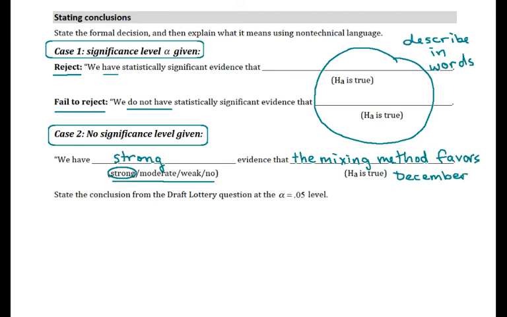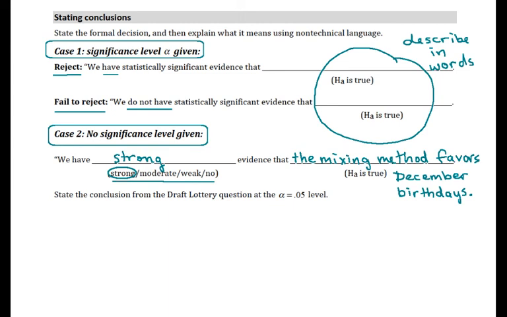When we write this using non-technical language, it's very important that it's clear what we have found evidence of or what we have failed to find evidence of. So we have to say everything in the context of the problem in such a way that would make sense to somebody who has never taken a statistics course, right? We have strong evidence that the mixing method favors December birthdays. If we've been given some background about what we're talking about, that makes perfect sense.